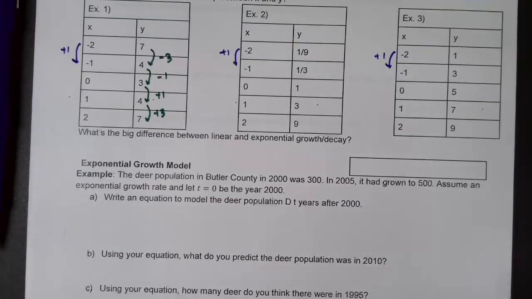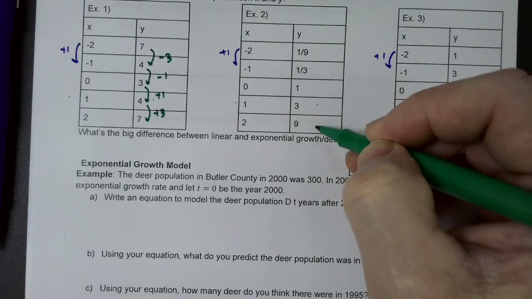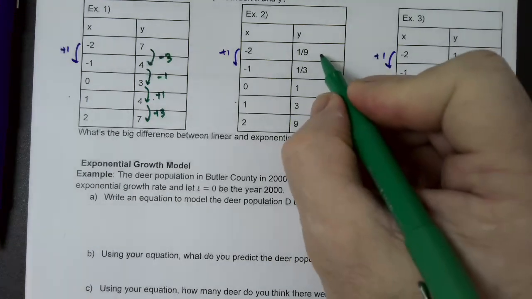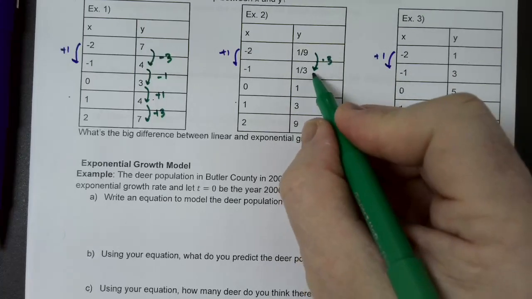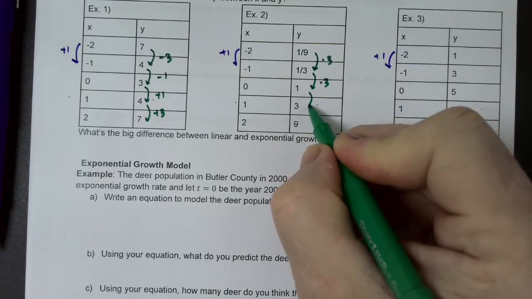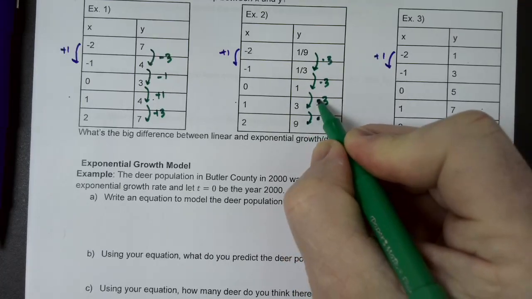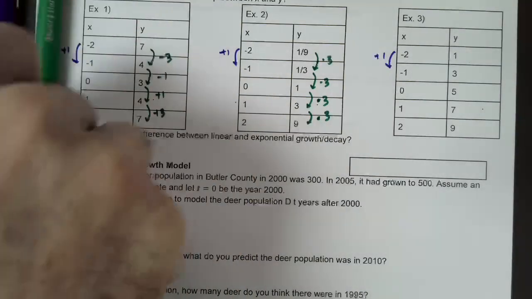Let me take a look at the next one. I don't see an addition here, but I do see a multiplication. I'm multiplying by 3. 1/3 times 3 is 1. 1 times 3 is 3. 3 times 3 is 9. So in each one of these, we are increasing by multiplying by 3.